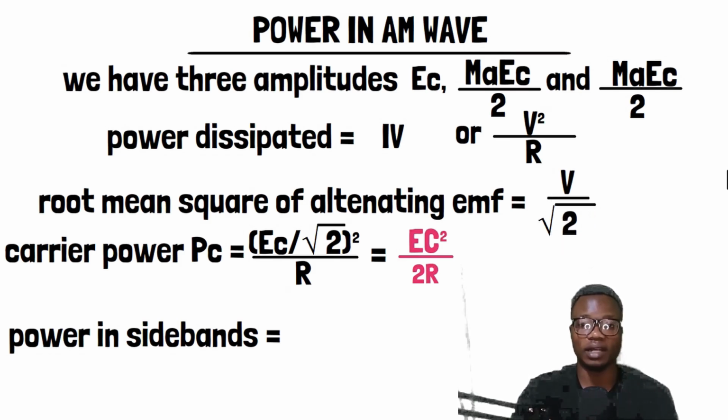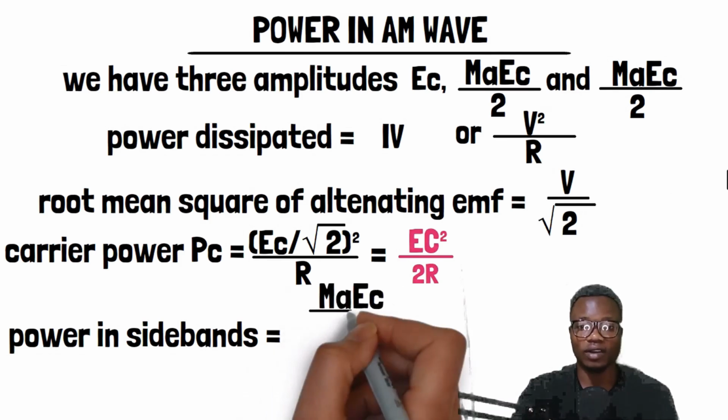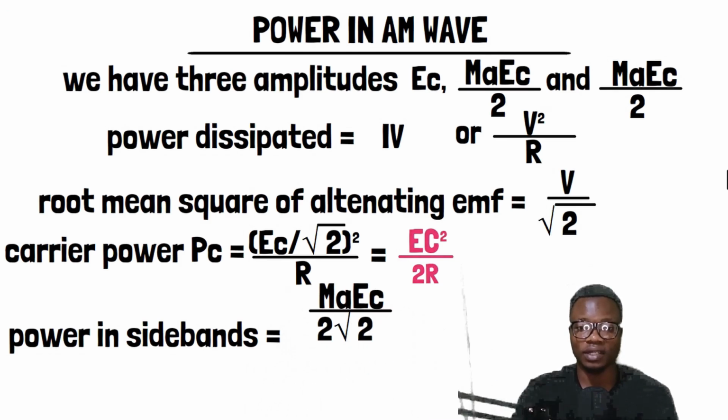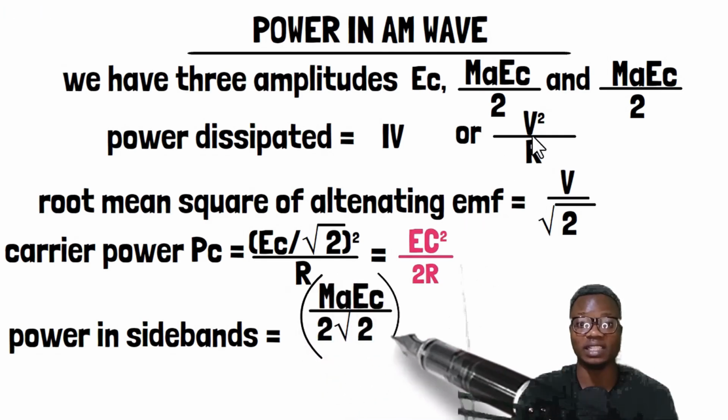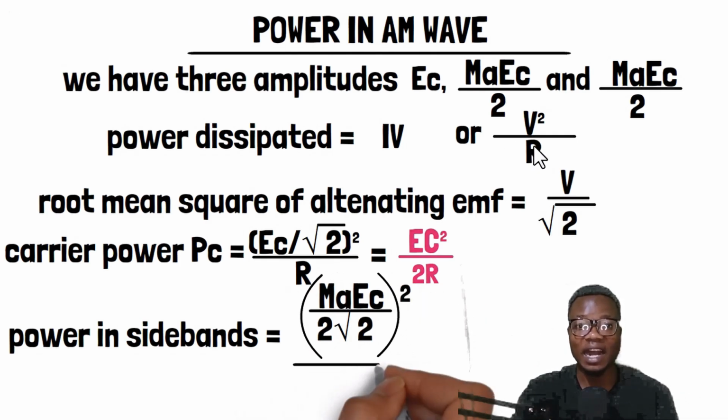So here the formula will be MAEC over 2, this value divided by the square root of 2. Then we put a square, because the formula says V squared. Then we divide by R.